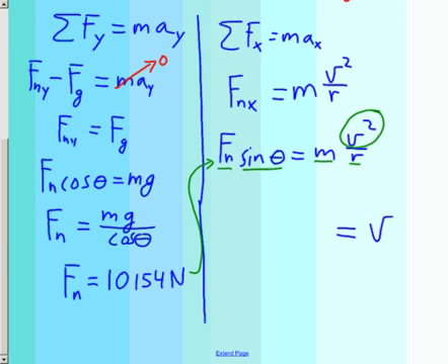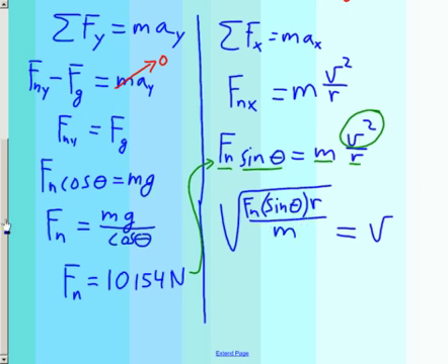I got a huge square root sign, and I have the normal force times the sine of theta times r divided by m. How did you do?